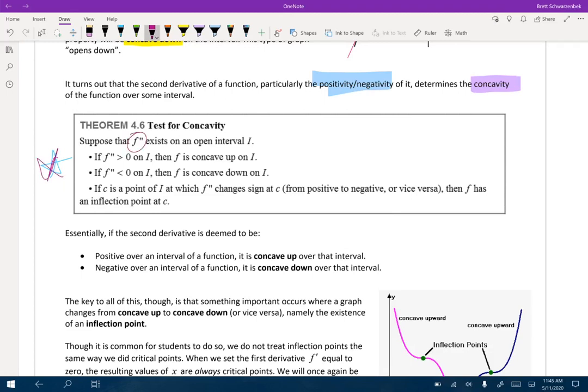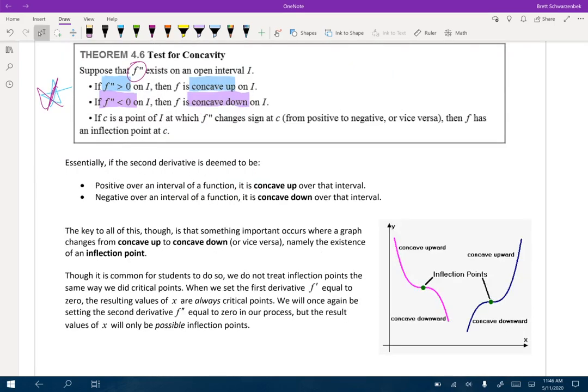Obviously it has to exist on an interval. Then anywhere we have a positive second derivative, the function is concave up on that interval. Wherever we have a negative second derivative, the function is concave down on that interval.